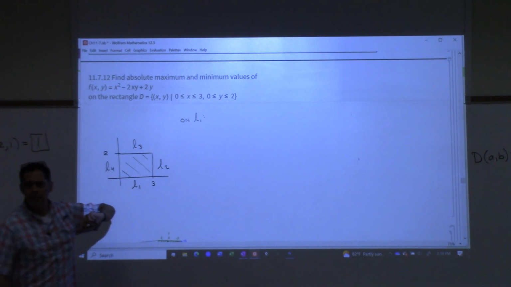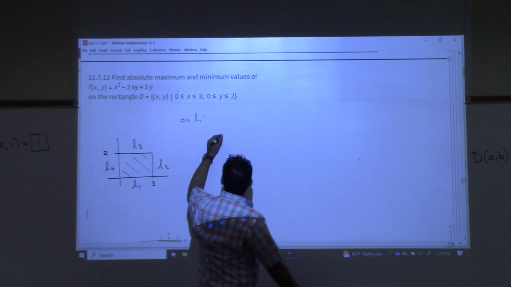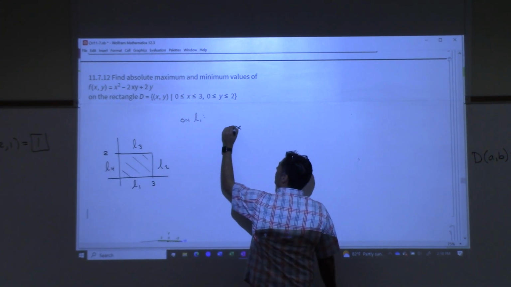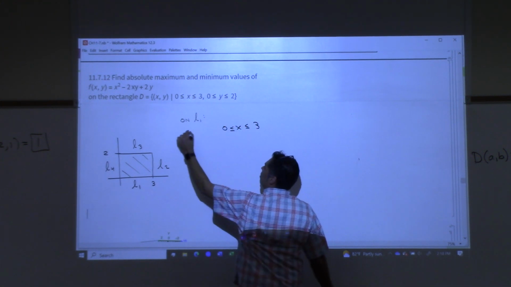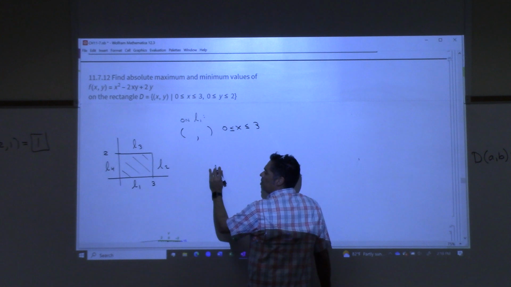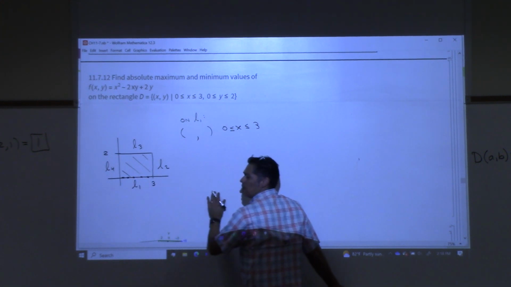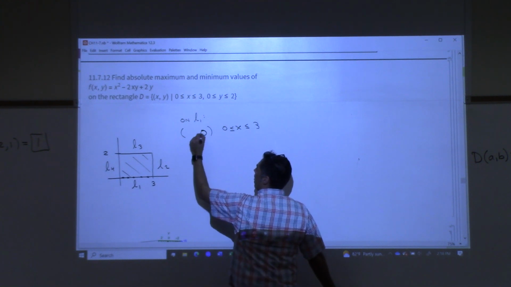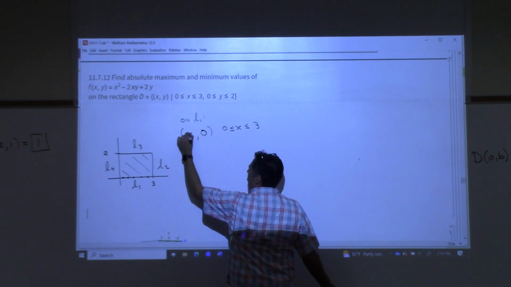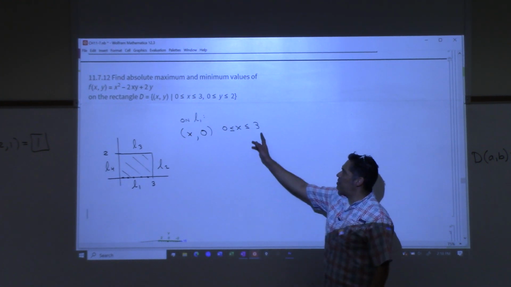X is bounded between 0 and 3. Okay, and tell me about what all the points look like on that line. Every point on this line has what in common? Y is 0, and the x is anything, right? As long as that x is between 0 and 3.